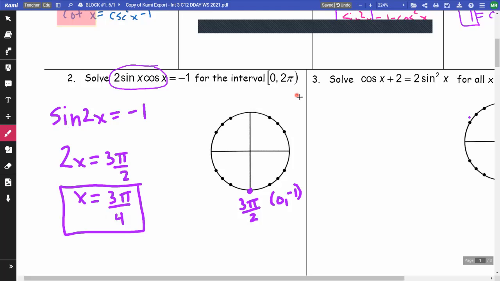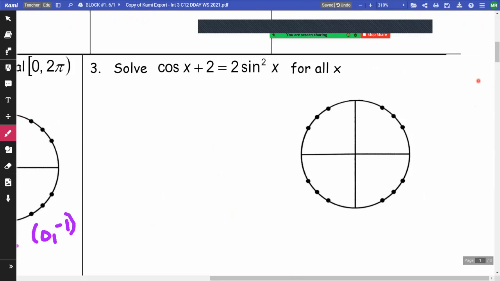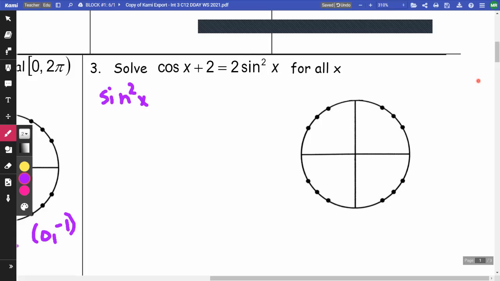On number 3, so on this one, I notice I have a cosine x and then a sine squared x. I am going to rewrite sine squared x. So what I'm going to be thinking of is that Pythagorean identity, sine squared x plus cosine squared x equals 1.